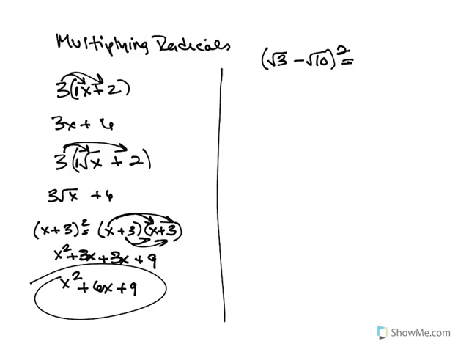So that's how we would simplify that. In this particular problem, we would write it twice: square root of 3 minus square root of 10 times square root of 3 minus square root of 10. So what do we want to do here? Well, we want to FOIL or distribute. So square root of 3 times the square root of 3.